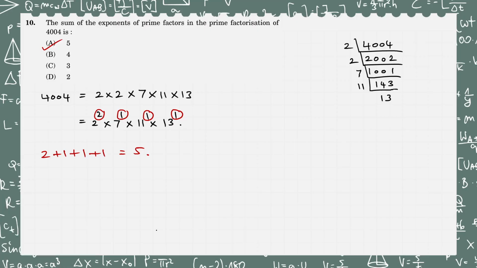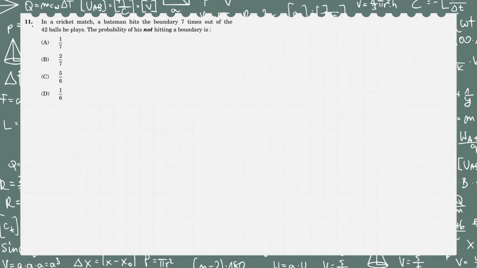Okay, let us move on to the next sum. Sum number 11. In a cricket match, a batsman hits the boundary 7 times out of the 42 balls he plays. The probability of his not hitting a boundary. So, first of all, let us find out the probability of the batsman hitting a boundary.